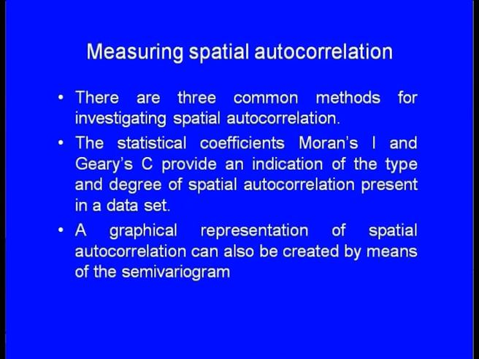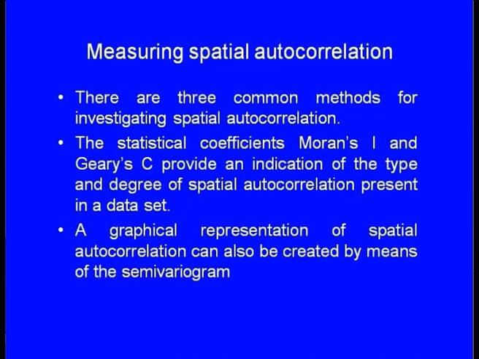Measuring spatial autocorrelation. There are three common methods of investigating spatial autocorrelation. The statistical coefficients Moran's I and Geary's C provide an indication of the type and degree of spatial autocorrelation present in a data set.